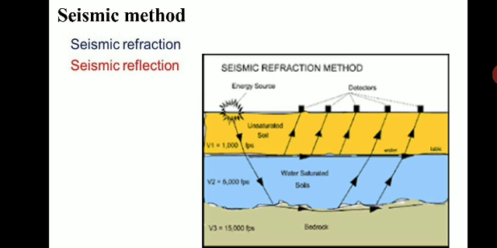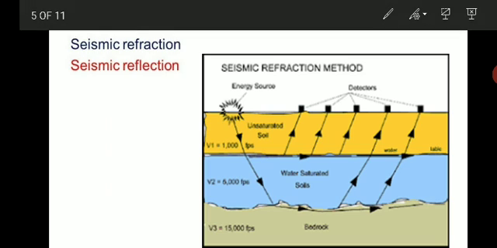This seismic refraction method involves creation of a small shock, as you can see in the image here. This is the ground surface and there is a source of energy here, where the explosion is done at that point. The seismic refraction method involves creation of a small shock.